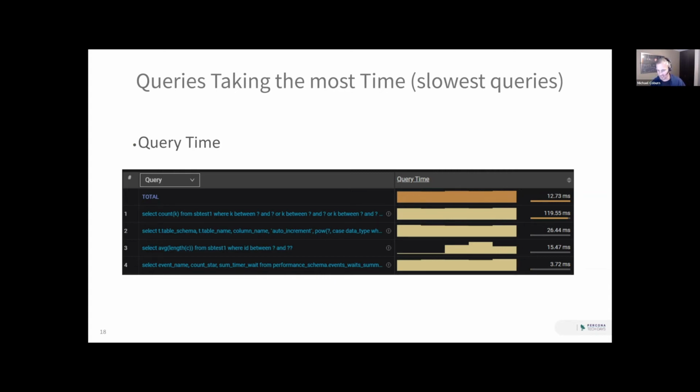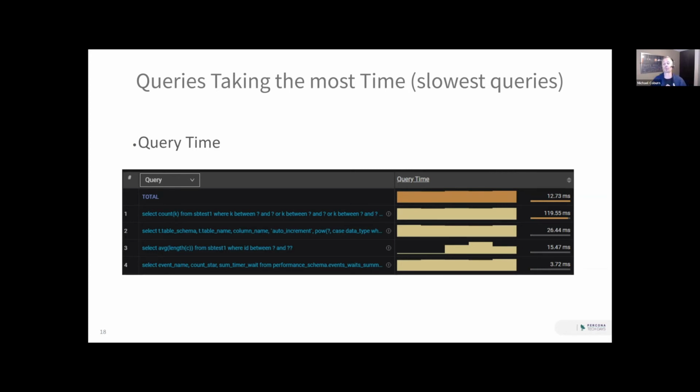So this, I think, is an hour-long capture. At the start of it, query number 3 wasn't running at all, but halfway through it started to come up. We can see the peaks and troughs move from left to right. We also get it sorted based on the queries that took the most amount of time. So this is based on averages here. We have one query that on average is about 120 milliseconds, and the next slowest set of queries is row 2 there at 26 milliseconds.